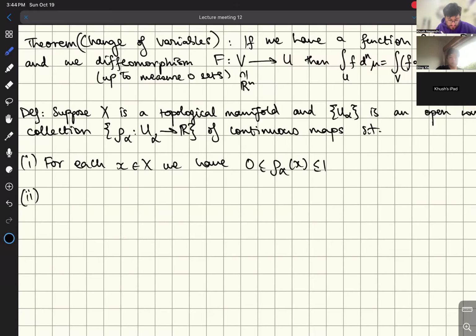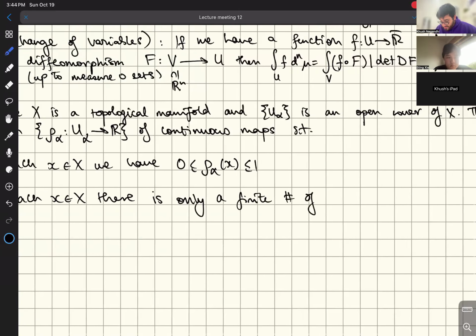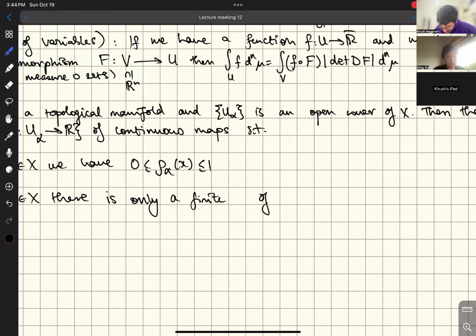Two, for each x, there are only a finite number of open sets U alpha such that x is in U alpha.